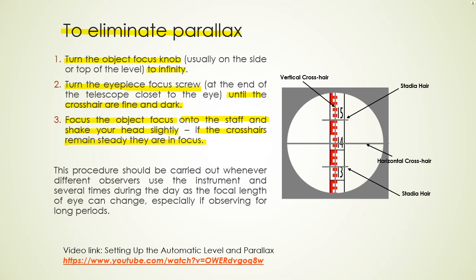Turn the object focus knob again to infinity, and then adjust again the crosshair using the eyepiece focus screw until you can see it fine and dark. And then you change again the object focus onto the staff until you can see the staff clearly. So then you try to move your eyes up and down a little bit to make sure that you have the same reading on the staff.